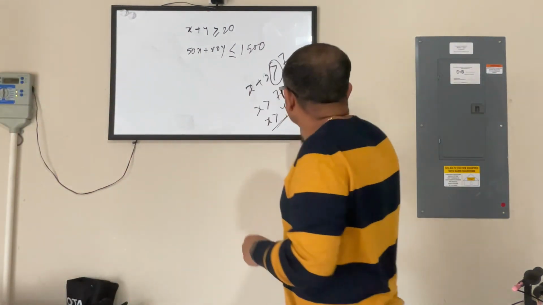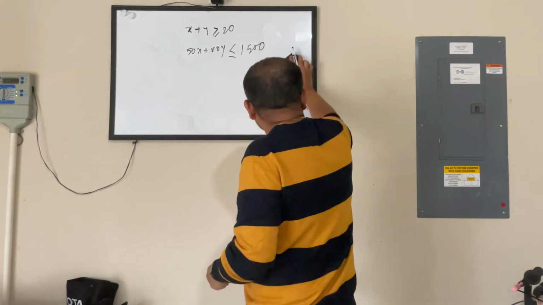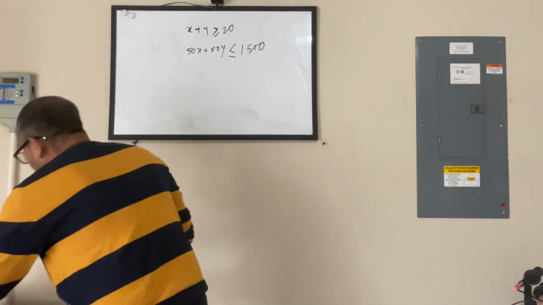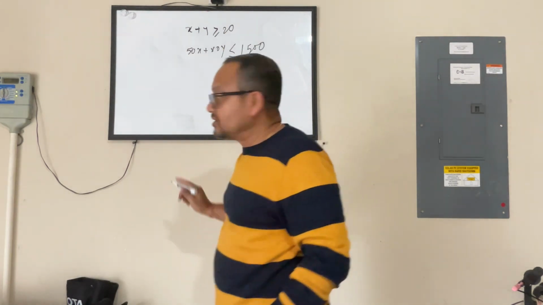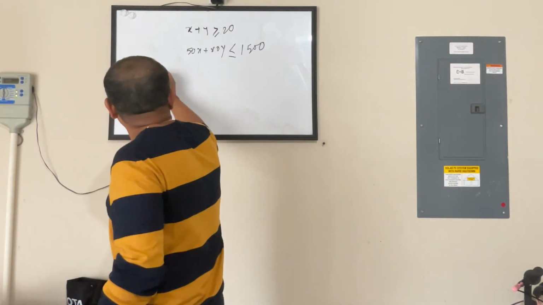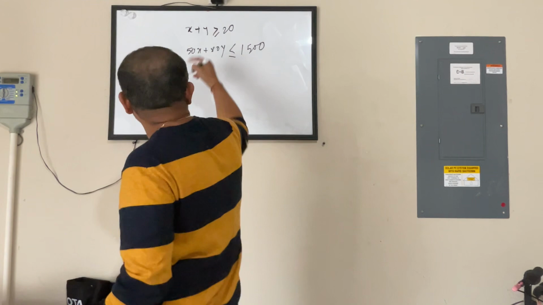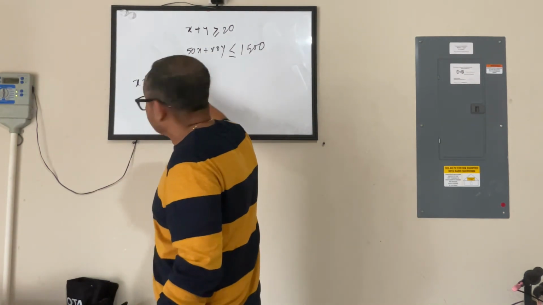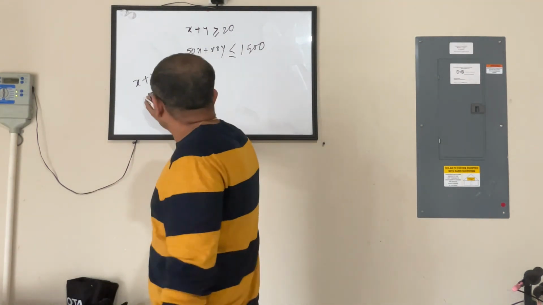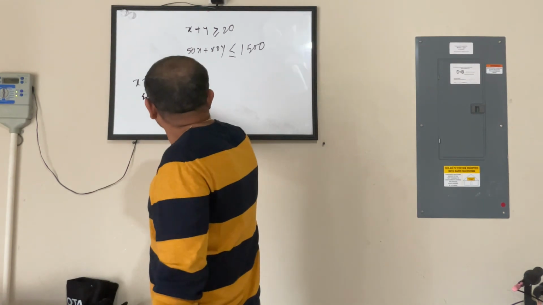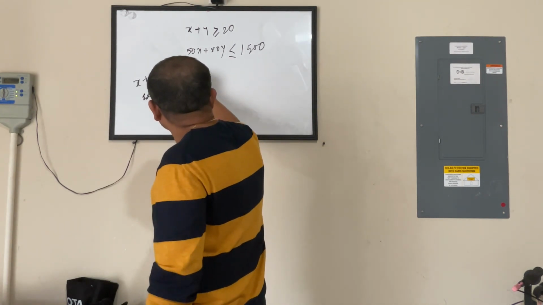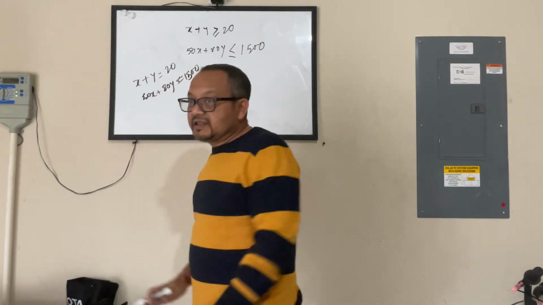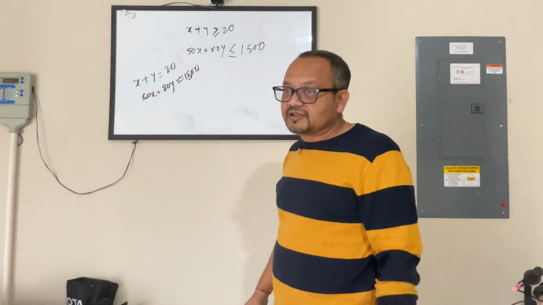So when you have to deal with this, you always assume that there is no inequality. For calculation purposes, I will treat this as 20 and this as equal to, and then I will have two equations to deal with.